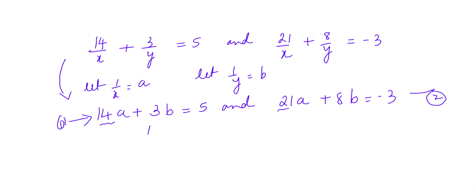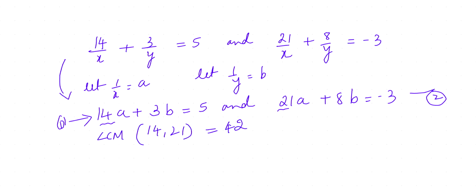Otherwise, if you want to eliminate b, the LCM of 8 and 3 will be 24. The LCM of 14 and 21 happens to be 42, which I can easily get when I multiply 14 into 3 and 21 into 2. So we can go with this.